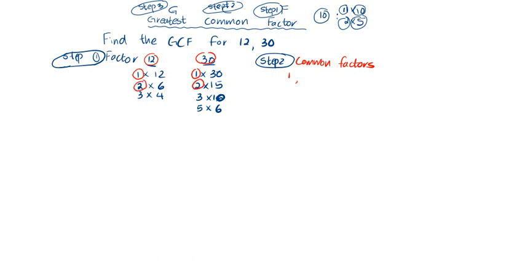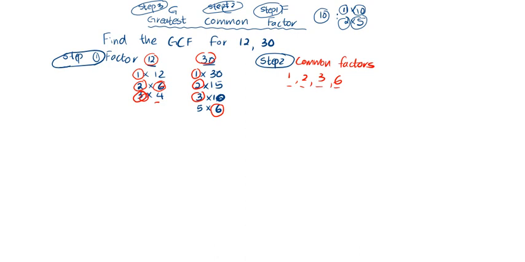And yes, 3 is also common. There's no 12 there, but there is a 6 as well, so 6 is a common factor. There's no 4 on that side and no 12 on the other side. So these are the only common factors: 1, 2, 3, and 6.